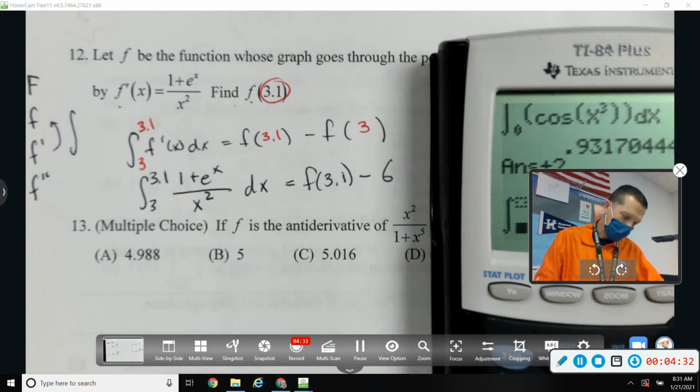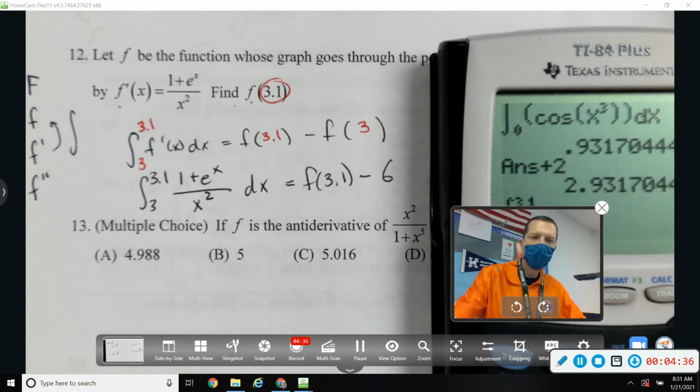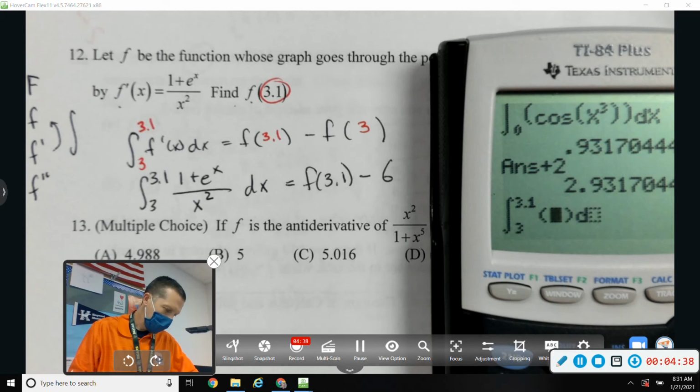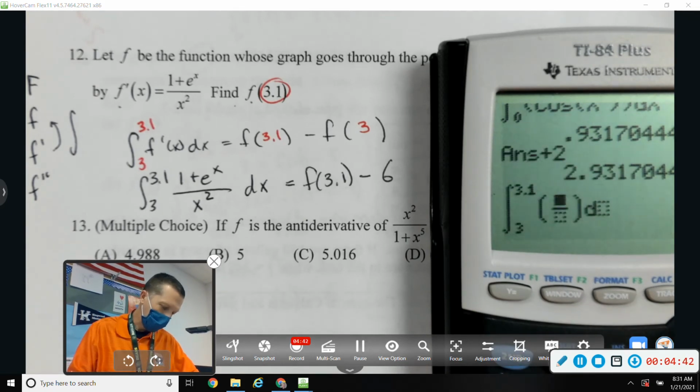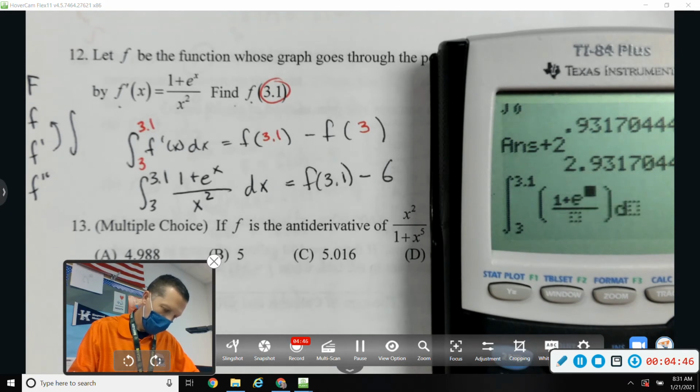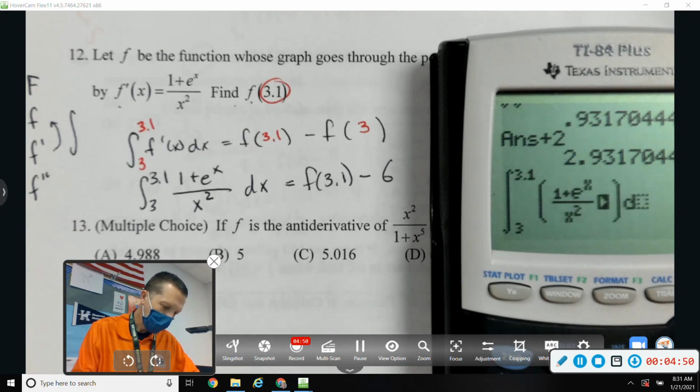Math 9, 3 to 3.1 of, put the fraction bar in there, e to the x over x squared dx.